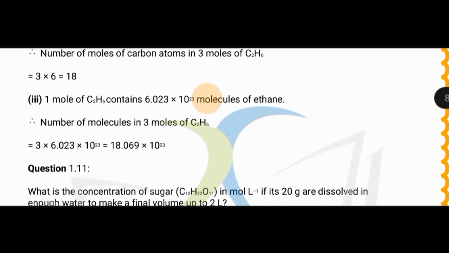Now 1 mole of ethane, as you know, is equal to 6.022 times 10 to the power 23 particles.